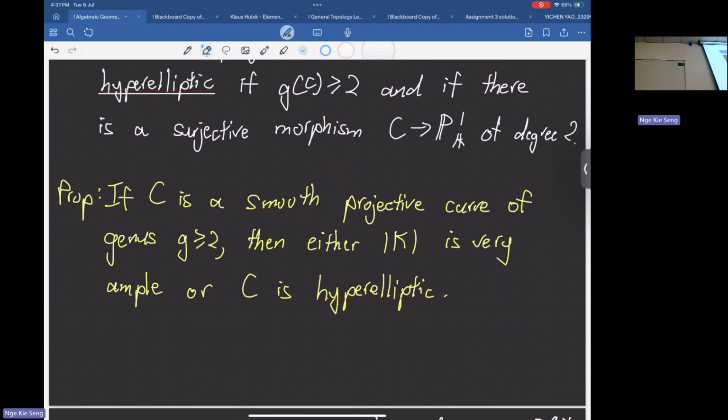I'm not sure how this hyperelliptic gets linked to elliptic curves, or whether they are related or not. Does anyone know, any elliptic curve expert here? I don't know, no idea. I actually saw this for the first time when I prepared.